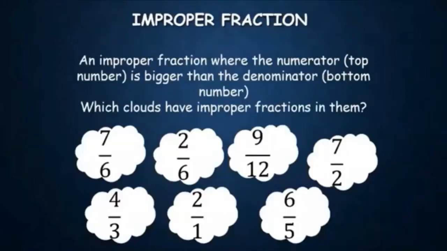Now let us learn about improper fractions. An improper fraction is where the numerator, which is the top number, is bigger than the denominator, which is the bottom number.